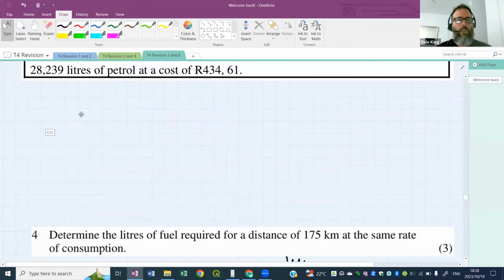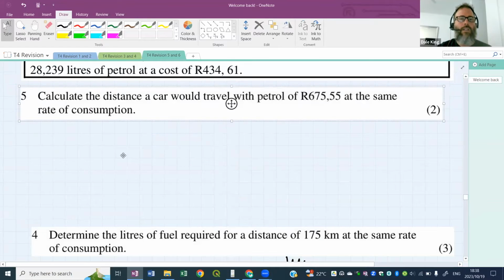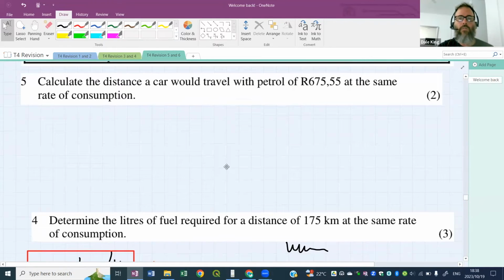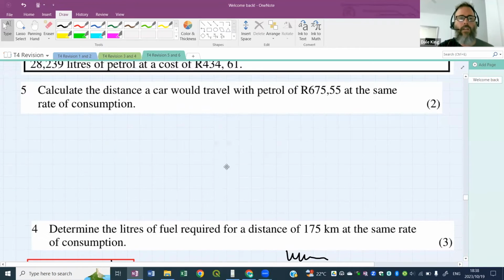All right, here we go. There's the question. Calculate the distance a car would travel with this many rands worth of petrol if it uses the same rate.